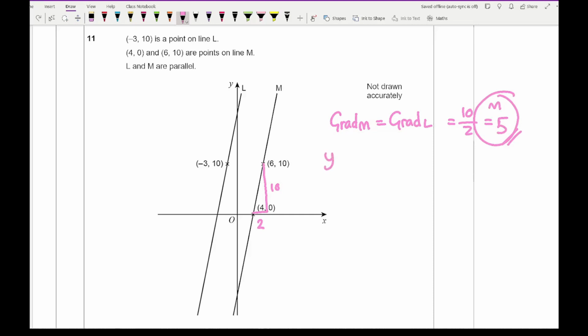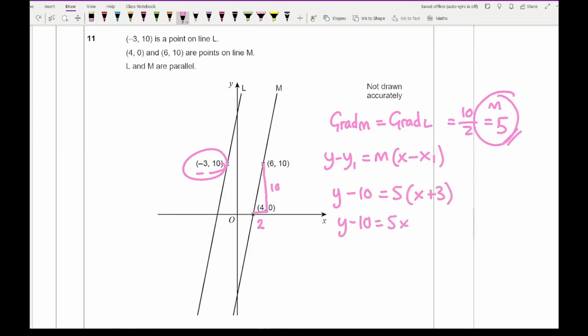So then using y minus y1 equals m times x minus x1, we get y minus, and we're using this coordinate here, so it's going to be y minus 10 equals 5 times x, minus 3 becomes plus 3, so I get y minus 10 equals 5x plus 15, and that gives me an equation of y equals 5x plus 25, and there is my final answer for that one.